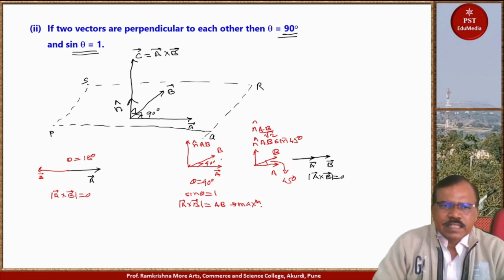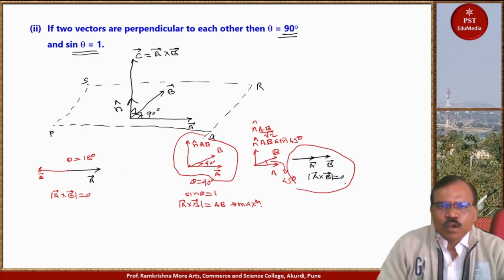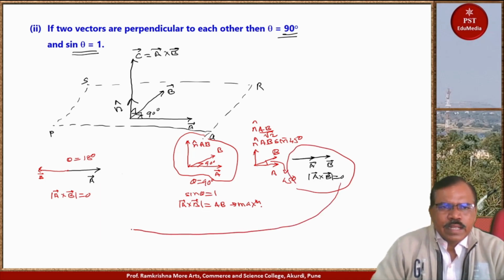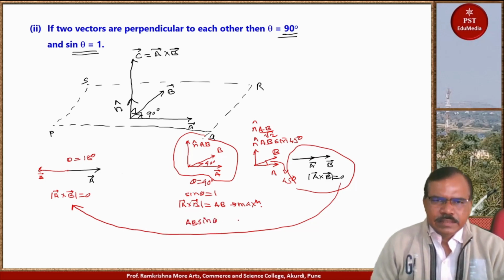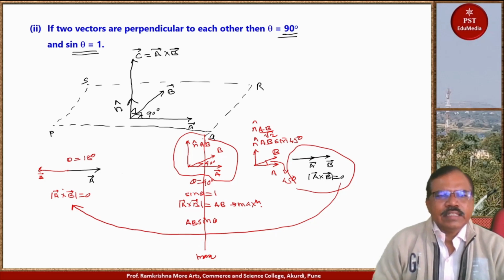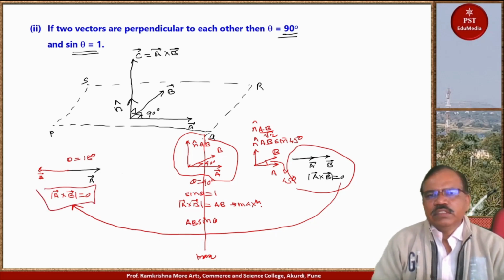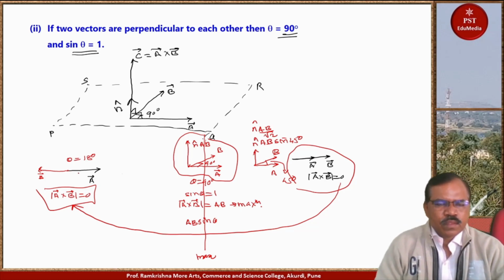So see here it is less than this and greater than this. So as we go from 0 to 180 degree counterclockwise, this AB sine theta goes on increasing. It is maximum here when it is perpendicular, and then again it decreases and it becomes 0.